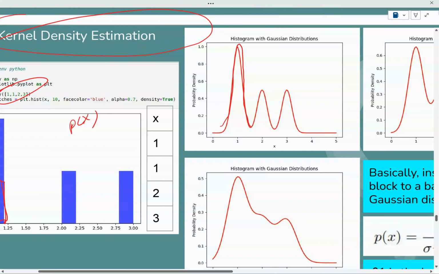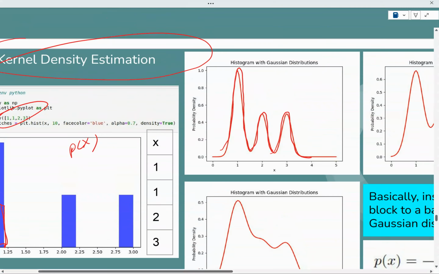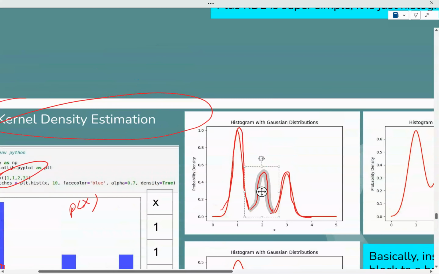The third one is 2, so you add a Gaussian distribution at 2. And the last one is 3, so you add that too. So this right here is P of X. You're basically adding Gaussian distributions, and as you stack more and more, the numbers that are more likely will be higher, and the numbers that are less likely will be lower.